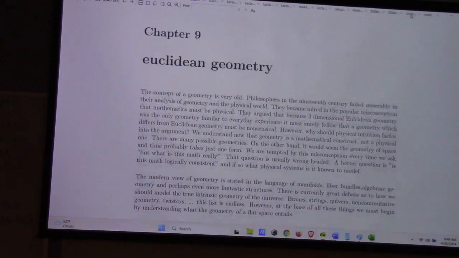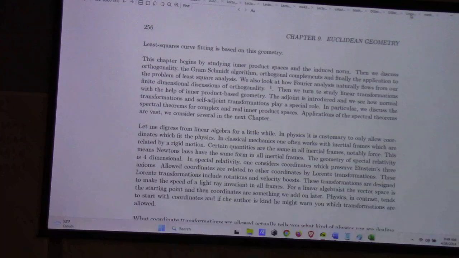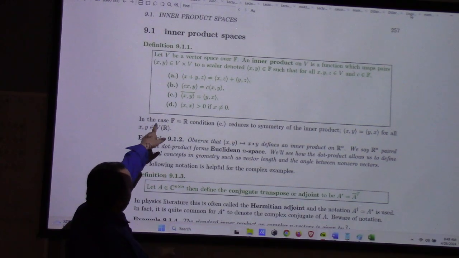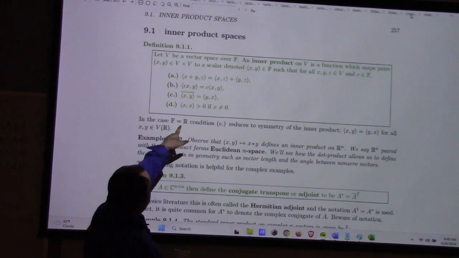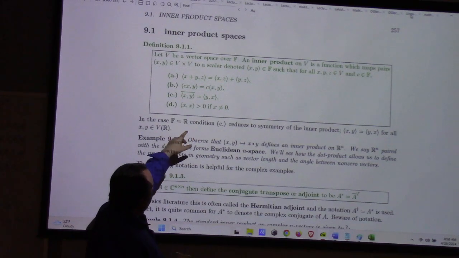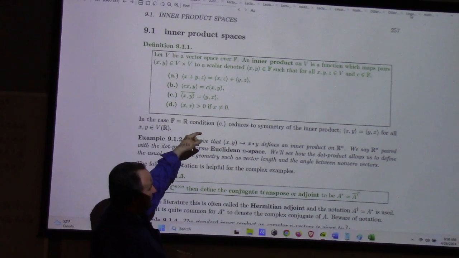So if you have a vector space paired with what's called an inner product, this gives you an inner product space. What's an inner product? Well, it satisfies these defining conditions. It's linear in the first spot. You can pull a constant out of the first one. Its complex conjugate turns it around, and it's positive if x is not equal to 0.